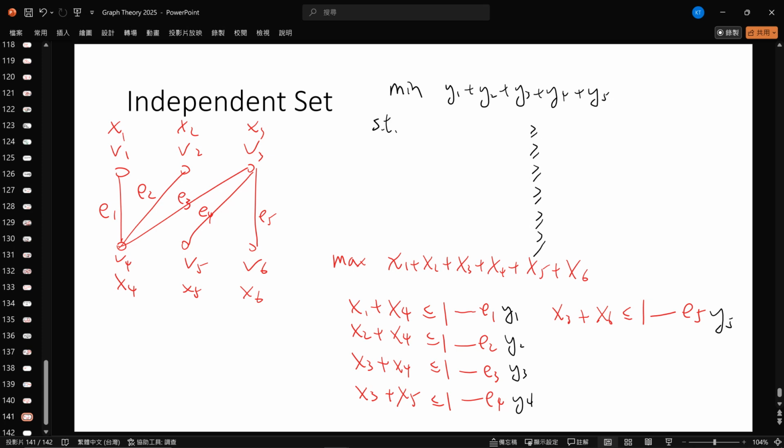Okay, so this time, once again, all the coefficients are just 1. Okay, so now we have completed the right-hand side of the constraints in the dual problem. And then let's consider the left-hand side.